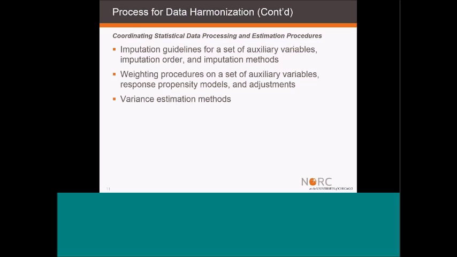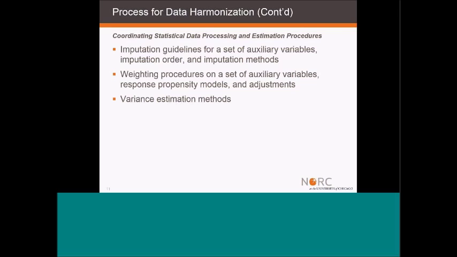But the other thing is the variance estimation method. Before that, each individual survey had its own variance estimation method, whether Taylor series or replication method. But later, knowing that these three survey data are combined, what should be the variance estimation method for the combined data set? The replication method is a choice.